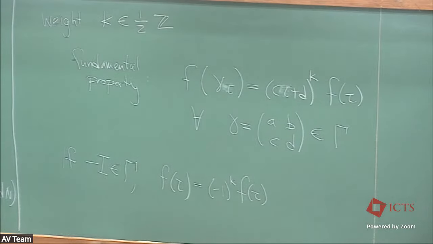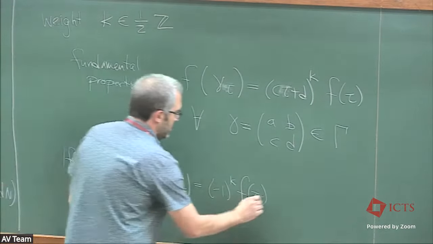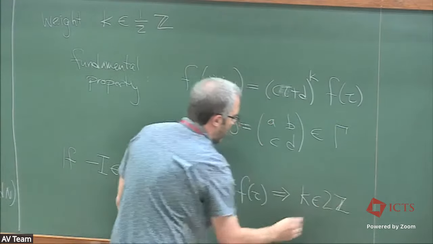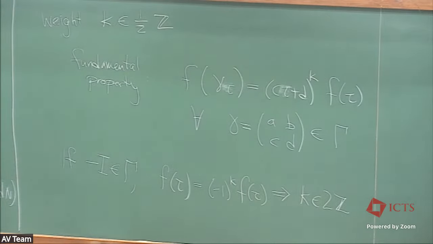And this is bad unless k is an even integer. So k had better be an even integer, or f is just the zero function, which I don't think we're particularly interested in.